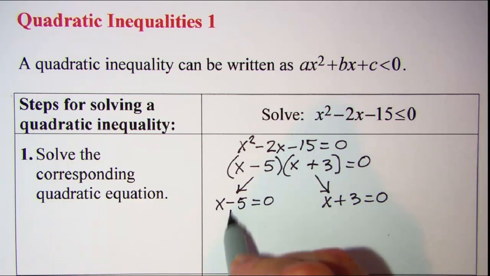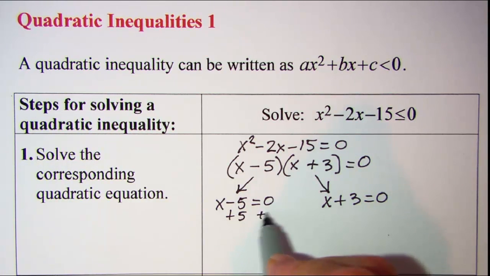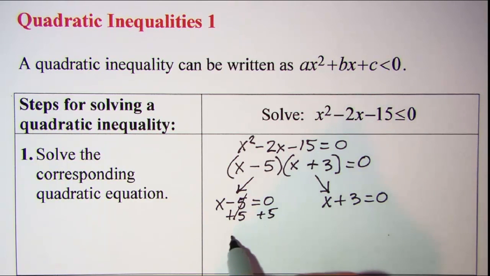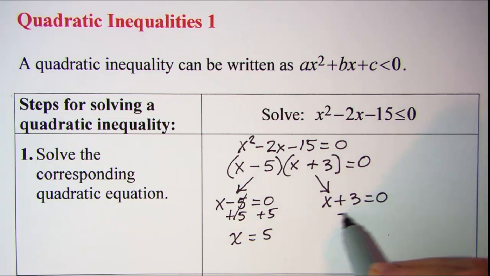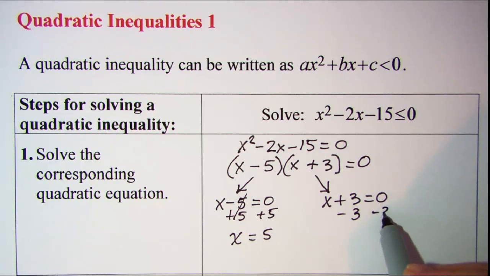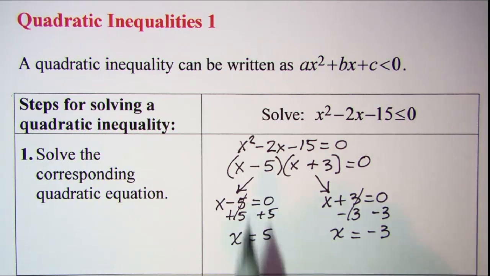So add 5 to both sides here, and I have x is equal to 5, and subtract 3 here, and those cancel, and x is equal to negative 3. So these are the two solutions for the quadratic equation.